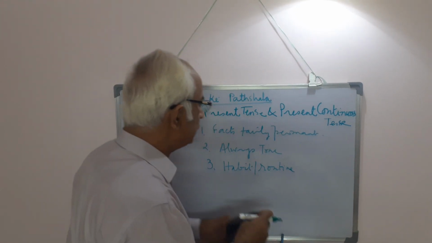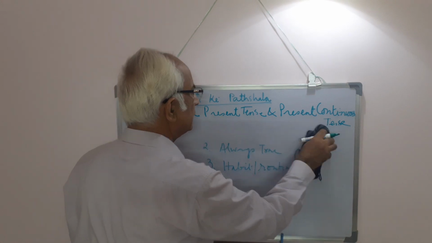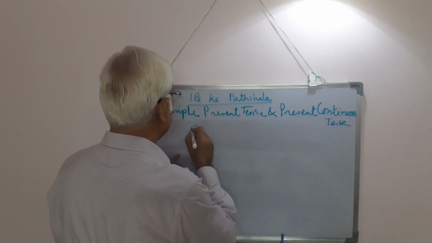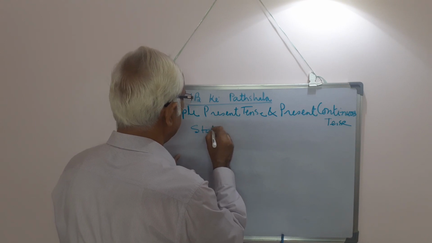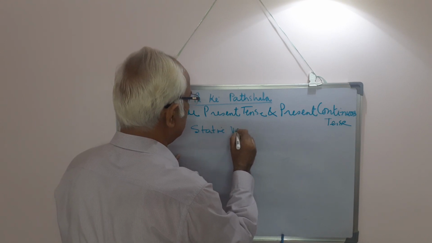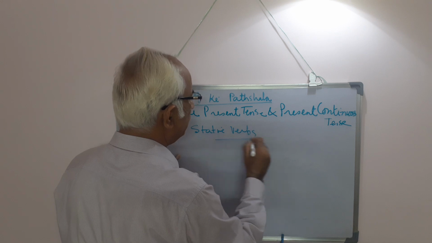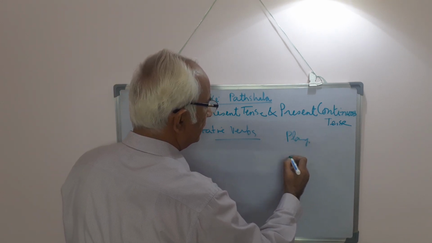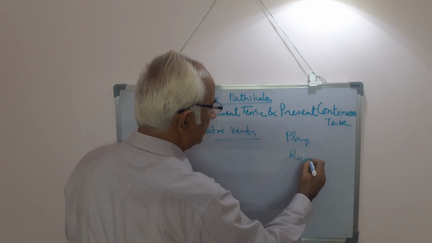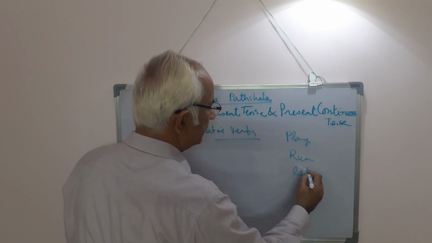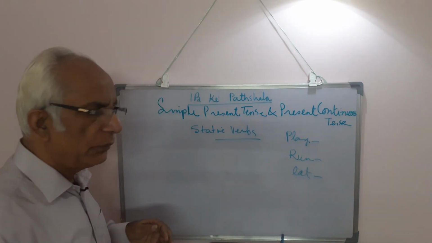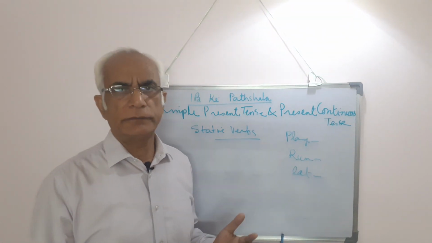Now we'll talk about stative verbs. Now if I say play or run or eat, these are action words or verbs which describe an action.